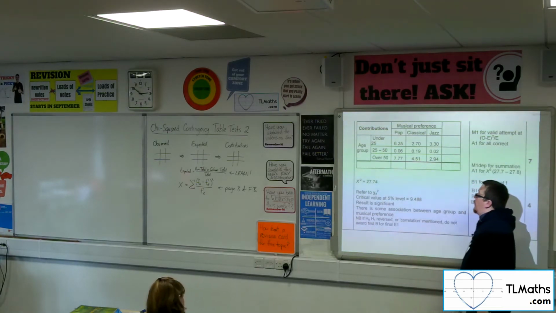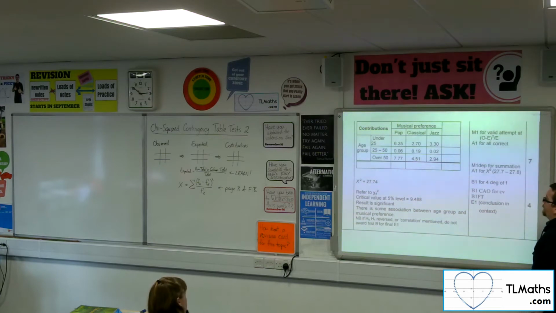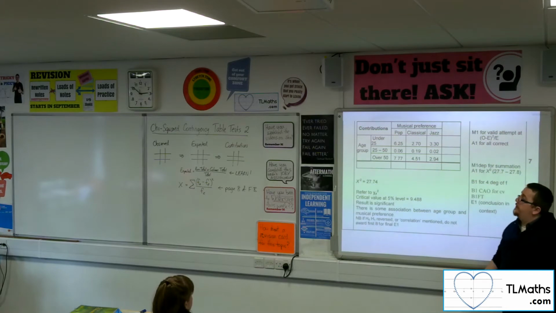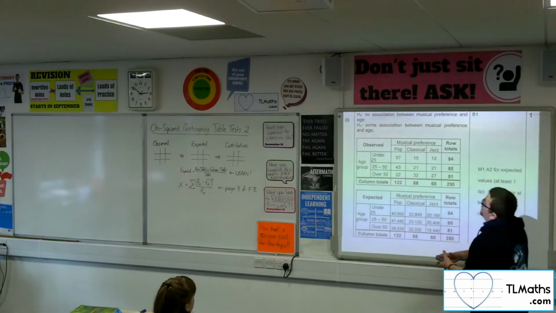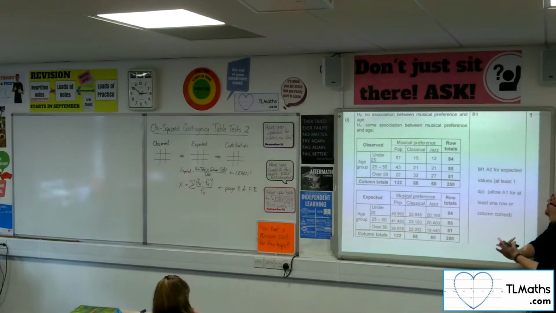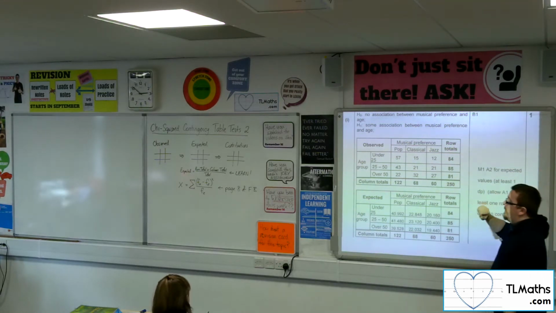Okay, so if you've got to that, excellent. That means that all of those values and cranking the handle has worked. Now the actual hypothesis test, remember, begins with two stock statements. One, the null hypothesis, saying that there's no association between musical preference and age in this case.